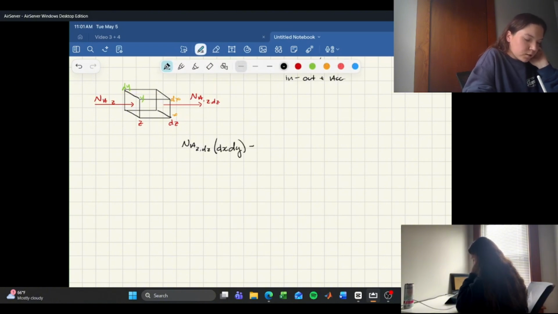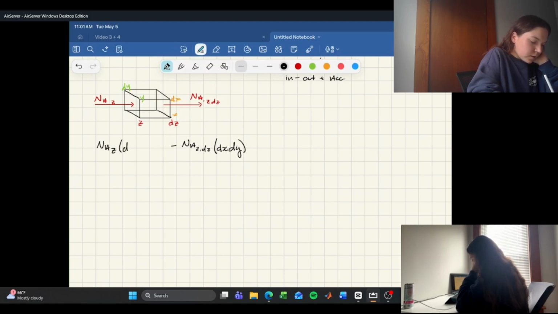Oops, sorry, that's out. We need to do in first. So that's going to be N_A at z times the cross-sectional area dx dy. There we go.